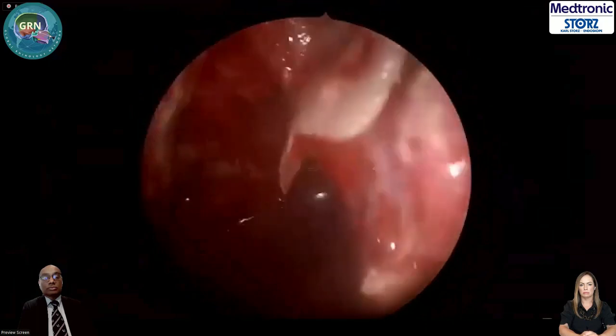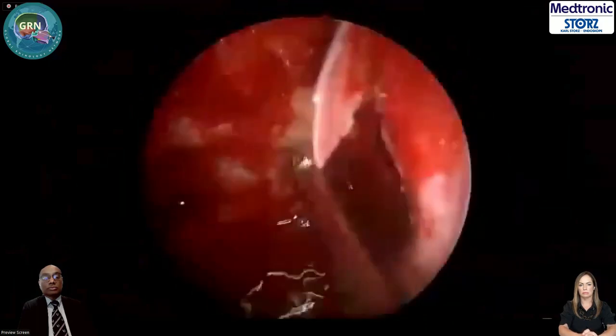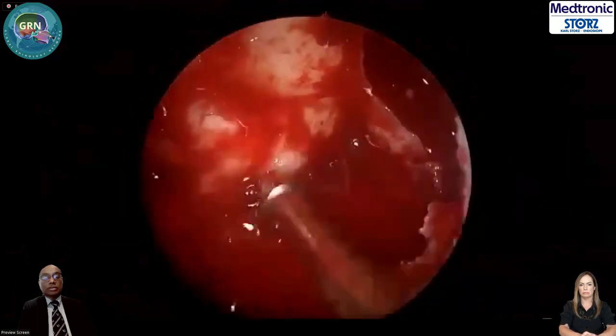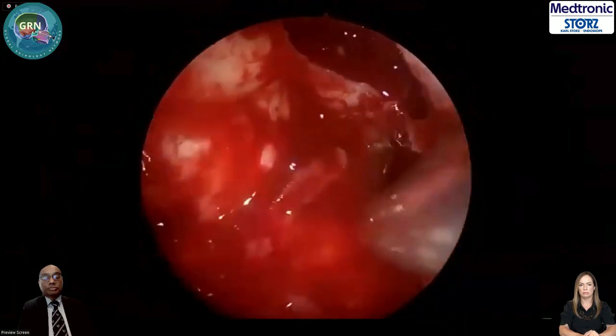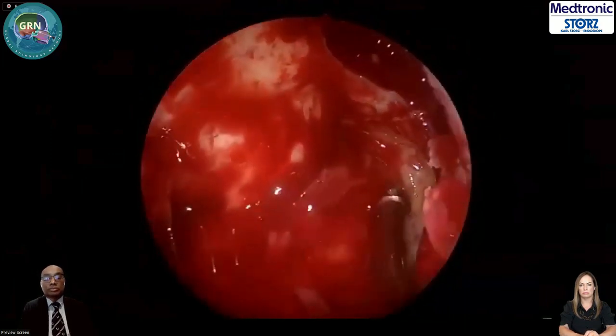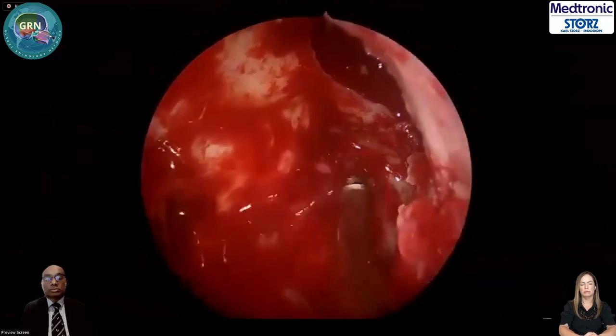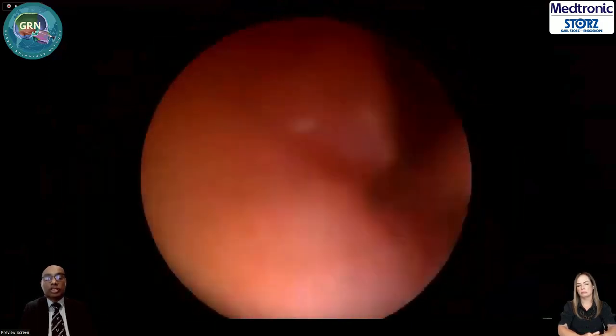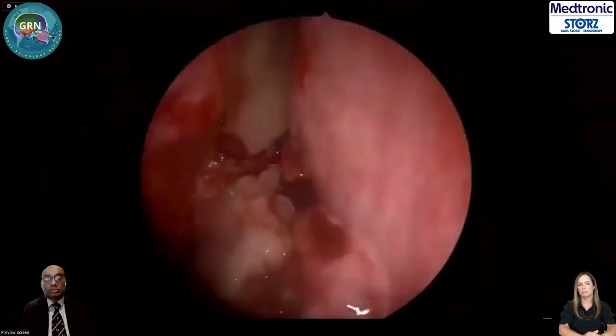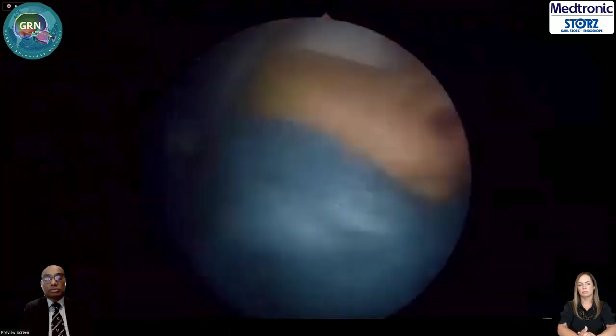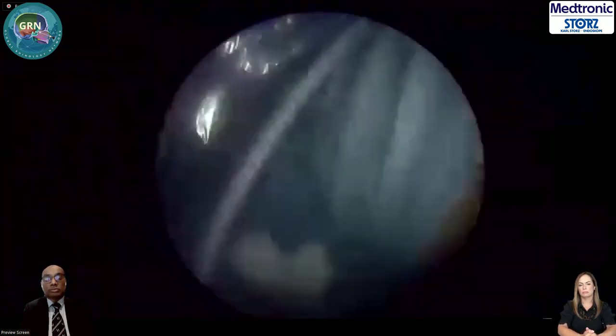Now I control the roof that is free and the medial wall that is free. I leave the mucosa on the posterior wall and on the floor of the sinus. That is important to keep the patency of the sinus itself.